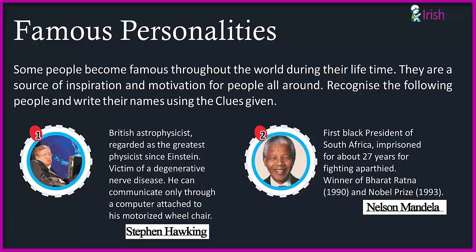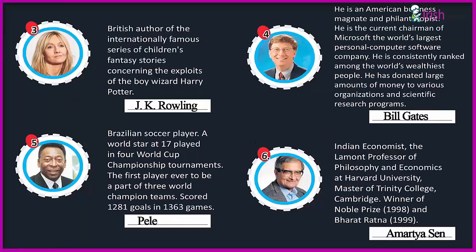First black president of South Africa, imprisoned for about 27 years for fighting apartheid, winner of Bharat Ratna 1990 and Nobel Prize 1993. 3. British author of the internationally famous series of children's fantasy stories concerning the exploits of the boy wizard Harry Potter.